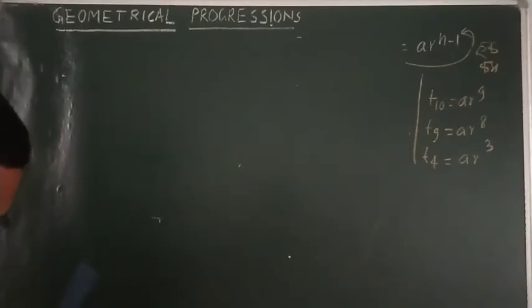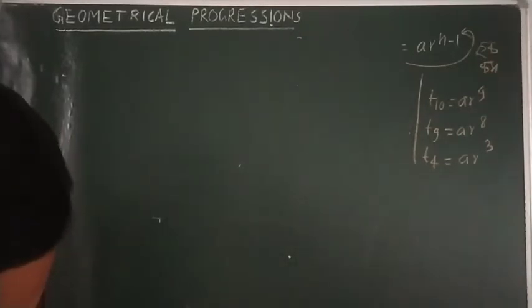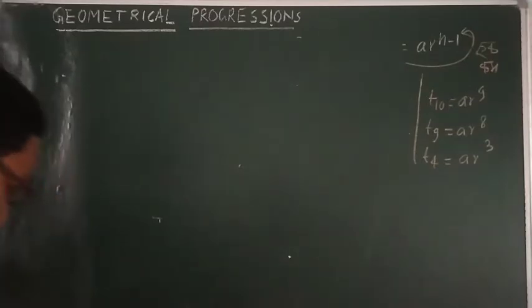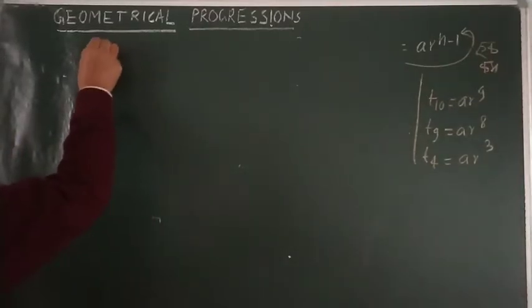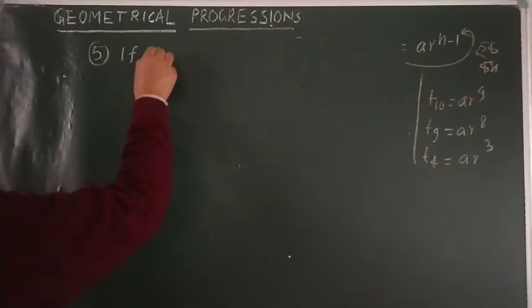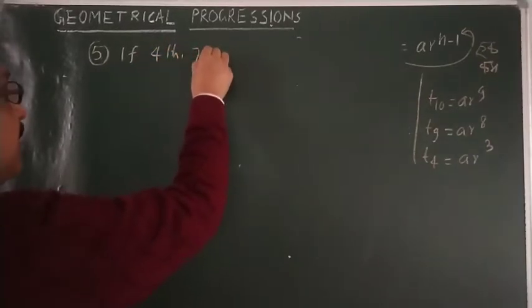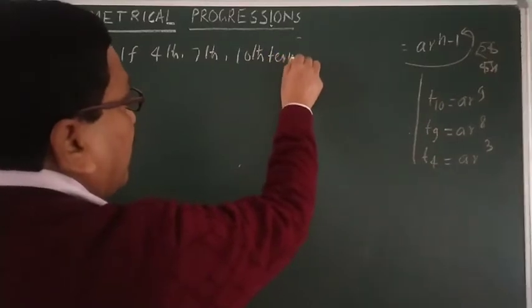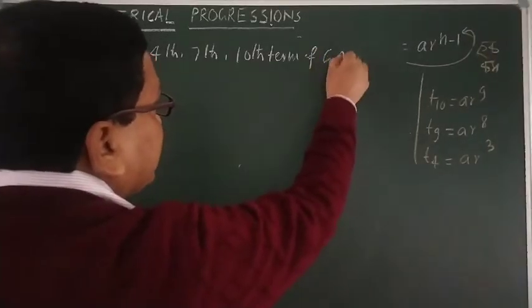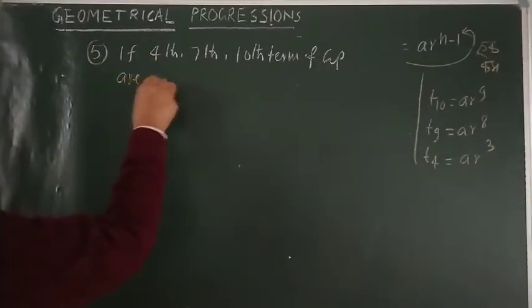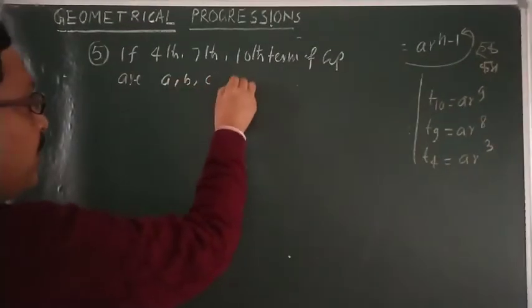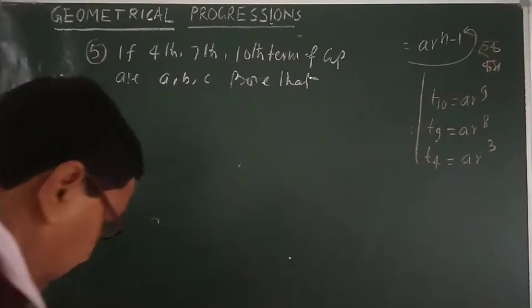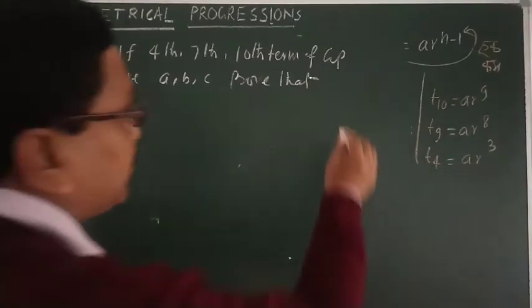Let us see problem number five. If the 4th, 7th and 10th terms of a GP are a, b, c, prove that b square is equal to ac.